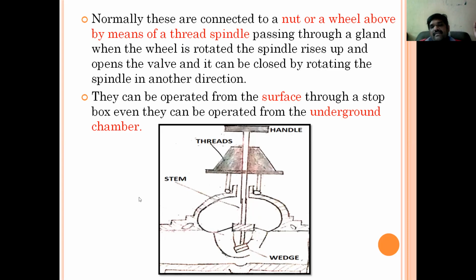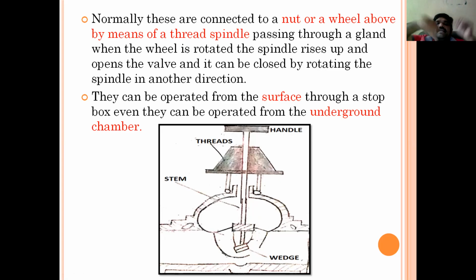We observe this in our daily localities: an authorized person comes, and most of the time at the roadsides he introduces one particular rod into the underground system and tries to spindle. That means he is just regulating the flow. That is the reason. These are connected to a nut or wheel above by means of a threaded spindle passing through a gland.